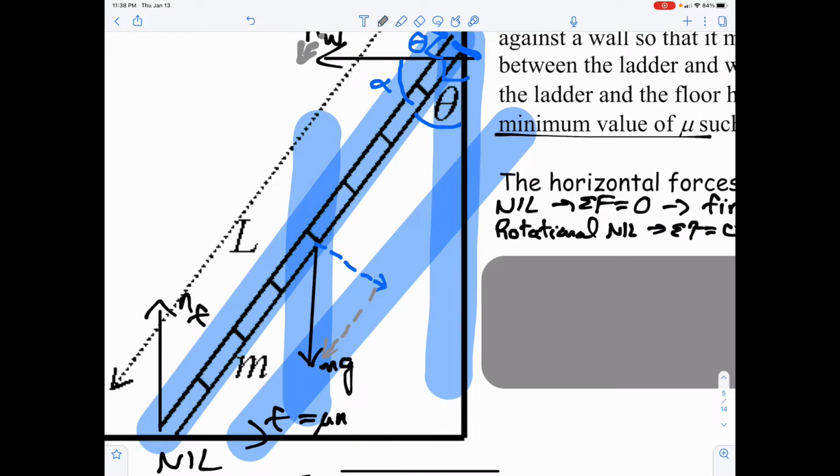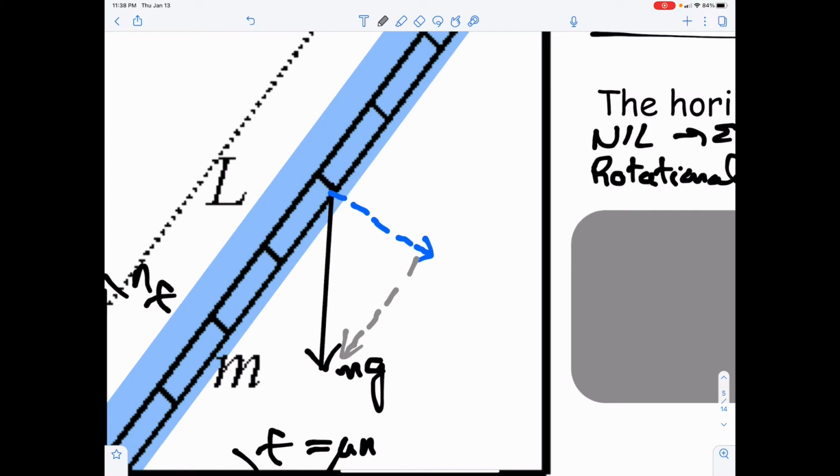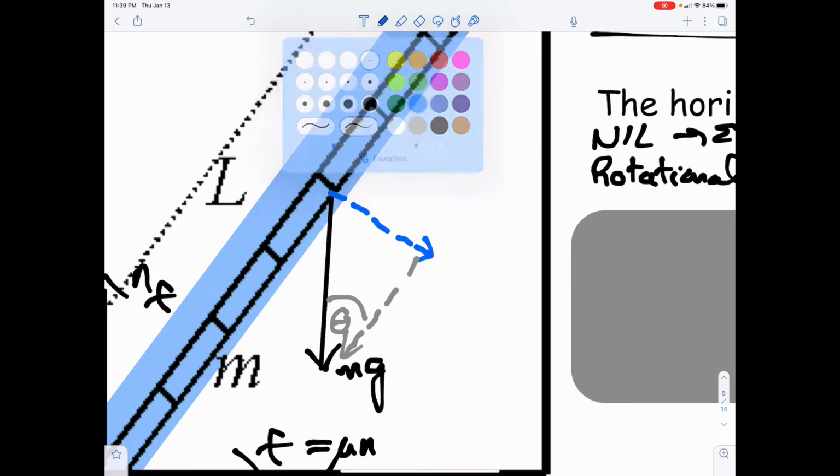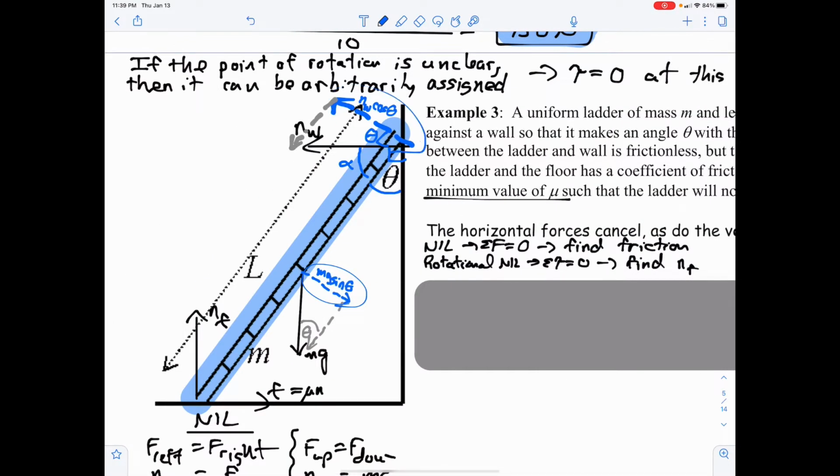That makes this angle here the same as that angle right there. So our angle theta is actually right there. That would make this mg sine of theta. And yes, this is mg cosine, but I don't care about that. I only care about that one right there. So I'm circling the components that are going to make sense in doing analysis in this problem.